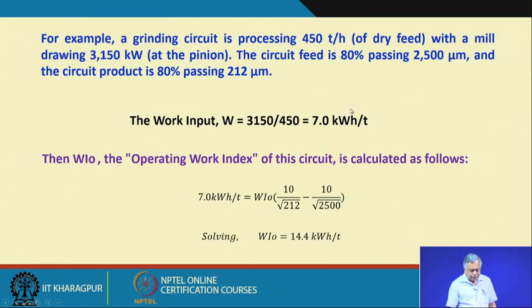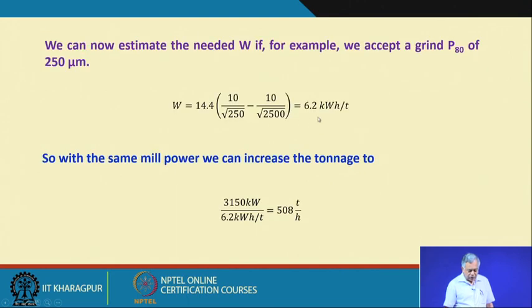So, you see that when we are breaking the rock to 212 micron, it was consuming 7 kilowatt hour per ton of material to be broken. If your processing friend who is in charge of your downstream processing agrees that he would not mind getting 250 micrometer, then your energy requirement will be 6.2 kilowatt hour per ton from 7 kilowatt hour per ton.